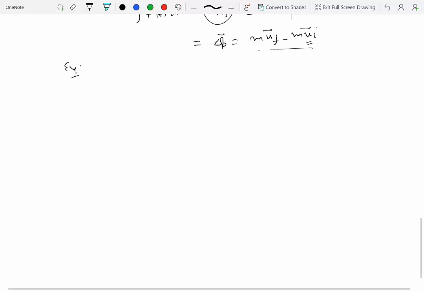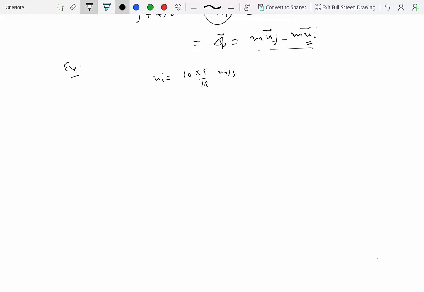So let's say we have our car, initial velocity was, let's say, 60 kilometers per hour. So 60 kilometers per hour is 60 times 5 over 18 meters per second. And final velocity is, let's say, 30 kilometers per hour. So that's 30 times 5 over 18 meters per second.